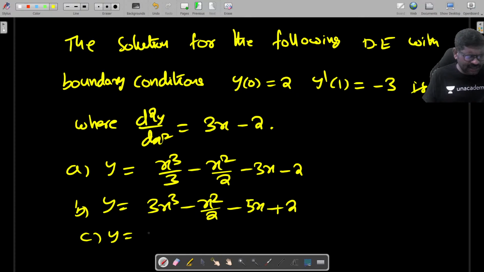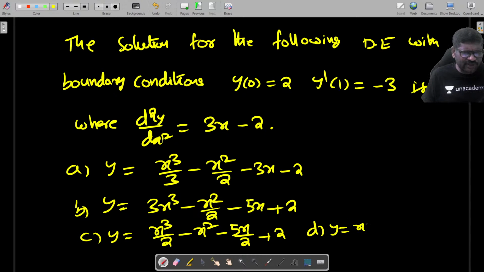Third option, y is equal to x cube by 2 minus x square minus 5x by 2 plus 2. Last option, y is equal to x cube minus x square by 2 plus 5x plus 3 by 2.